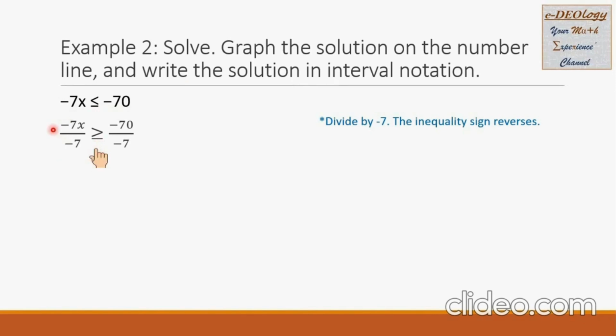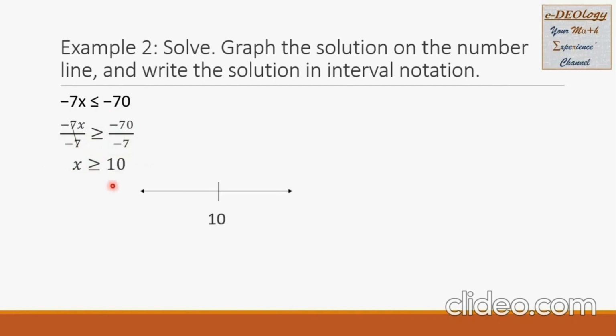So here we have now negative 7x over negative 7 is greater than or equal to negative 70 over negative 7. So after we cancel, only the x comes down, and greater than or equal to negative 70 divided by negative 7 is positive 10. So this is now our inequality answer.